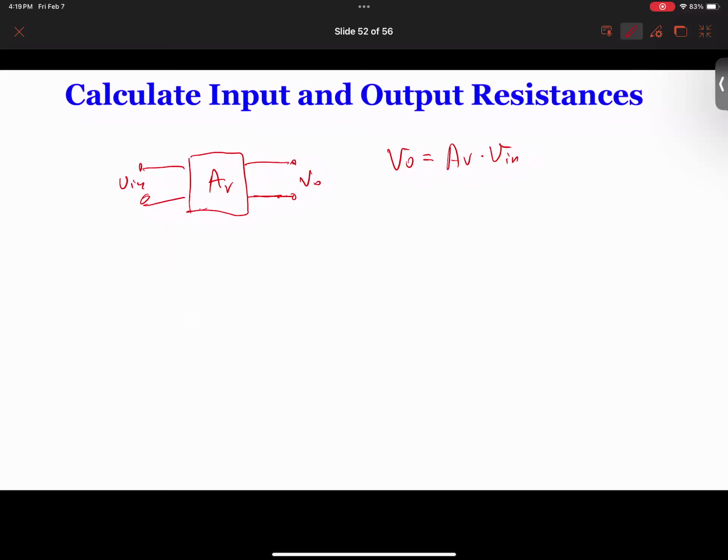But in fact, when we build these amplifiers using BJT or MOSFET, they're actually not ideal. Not ideal means they come with input resistance and output resistance. So the actual equivalent circuit will look like this.